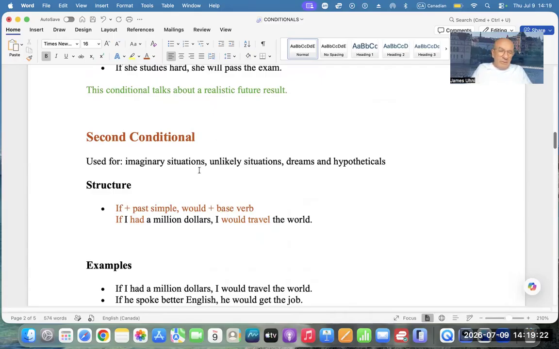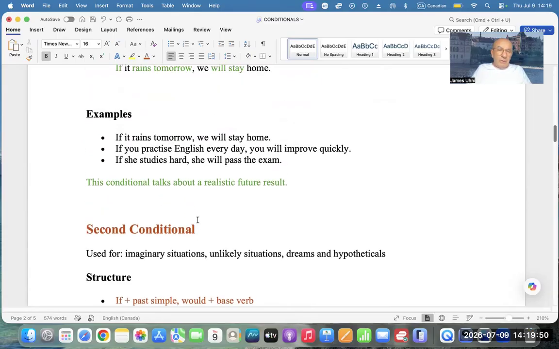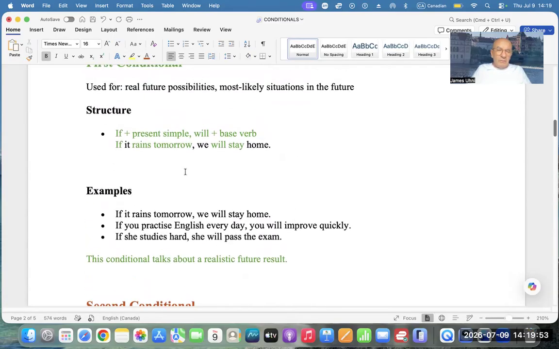Now, because if I had $1,000,000 is the dependent clause, and I would travel the world is the independent clause, we can say, I would travel if I had $1,000,000. How about, I will travel if I had $1,000,000? Could it be in here, for example?